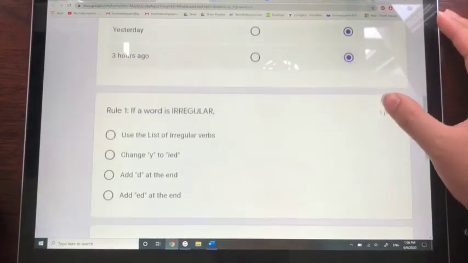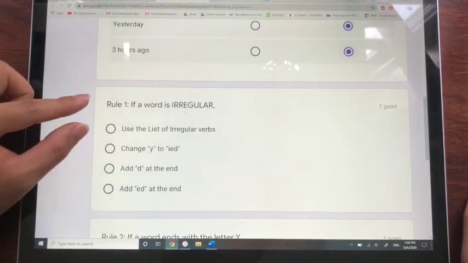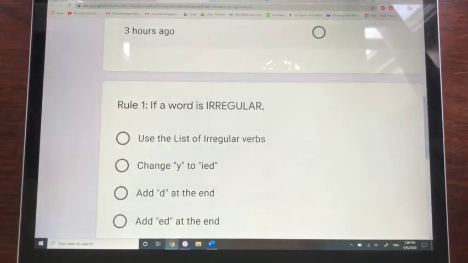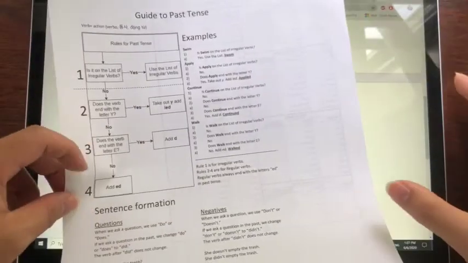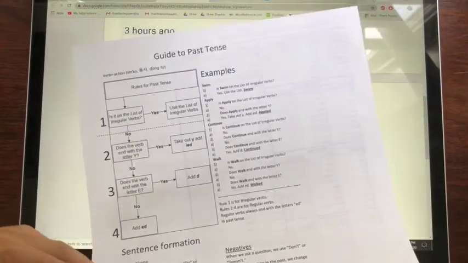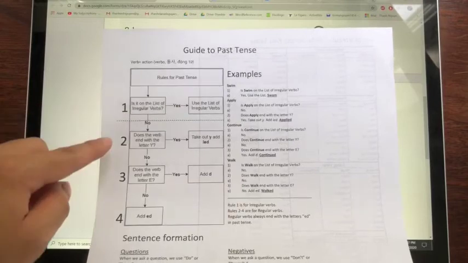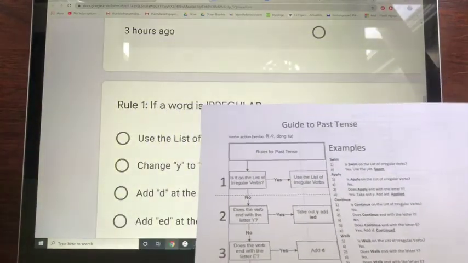Okay. So rule number 1 for past tense. Here we are looking at the guide to past tense. Let me find the guide to past tense for you. The guide to past tense has 4 rules: 1, 2, 3, and 4.